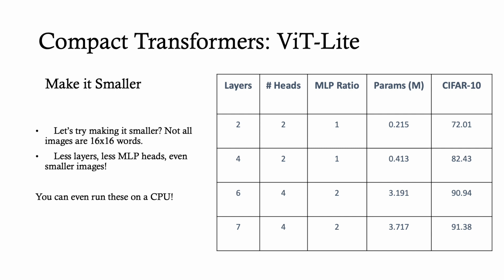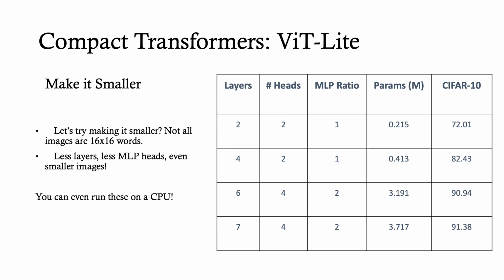So let us dive deeper into some details of the experimental results of different variants of compact transformers and see what we can learn here. For our ViT-Lite variant, our first strategy is to make the models smaller. Not all images are 16 by 16 words, and we should build models with the right size for smaller datasets like CIFAR-10.